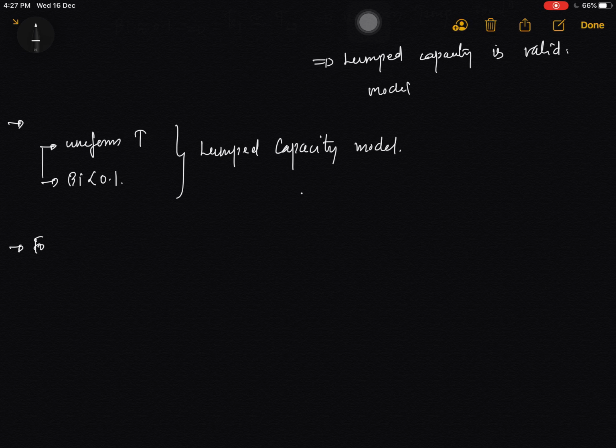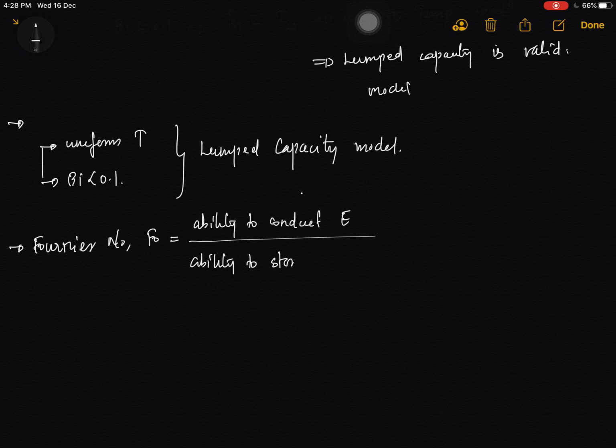Along with the Biot number, we have to consider another dimensionless number, the Fourier number, represented as Fo, which is the ratio of the ability to conduct energy divided by the ability to store energy.